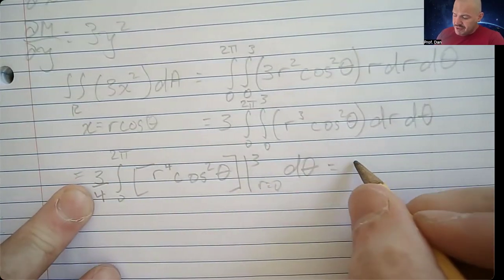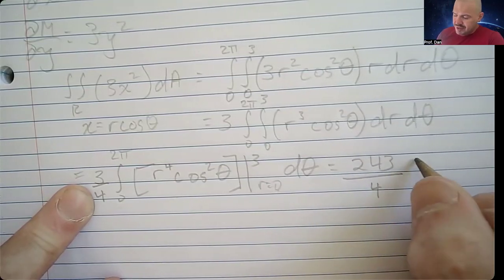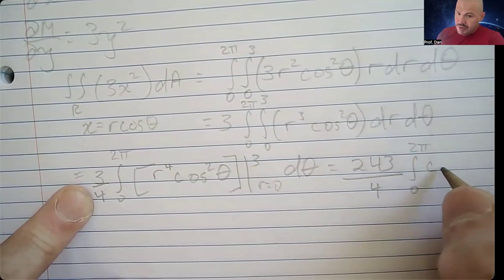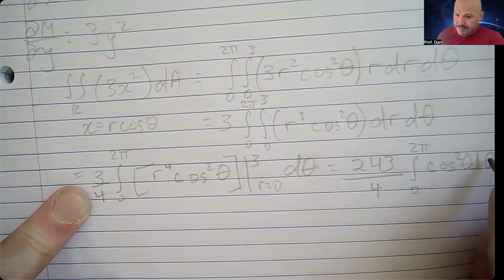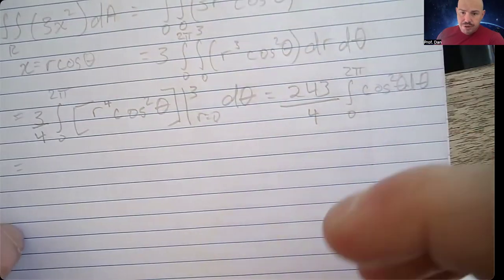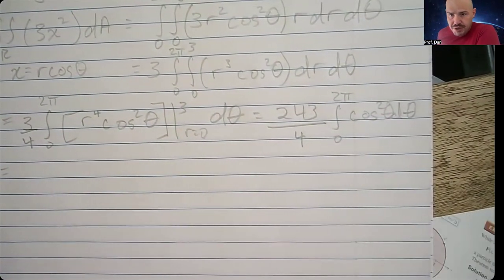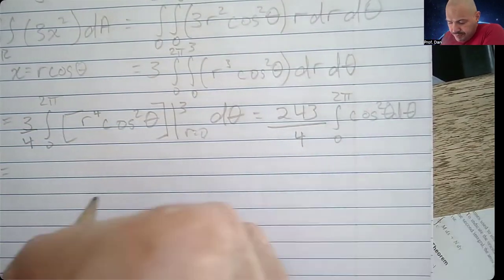If I multiply 81 times 3, I get 243, and we still have our over 4. So now we have to integrate cosine squared theta d theta. To do that, we would need to reduce the power on our cosine squared theta. Remember, we can do that by using our cosine double angle formula, right? Power reduction formula, whatever you want to call it.